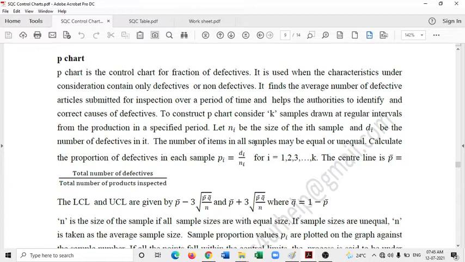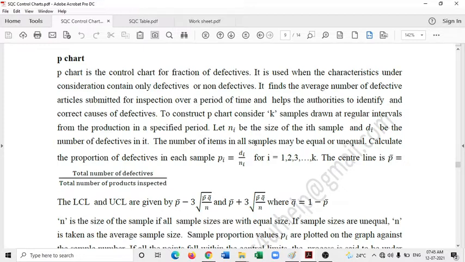Now we consider the central line as P bar. P bar is equal to the total number of defectives obtained in all subgroups divided by the total number of products inspected.